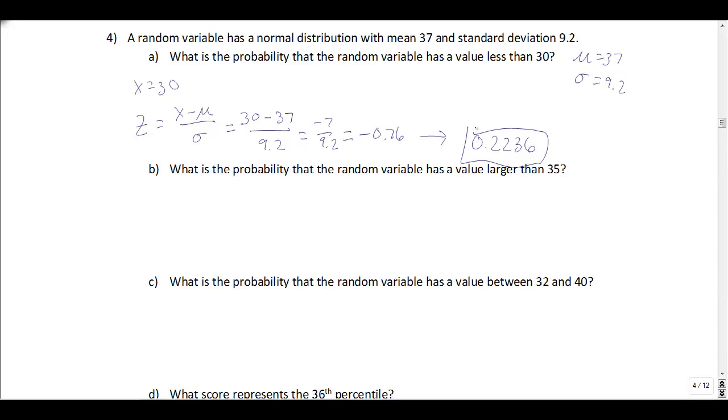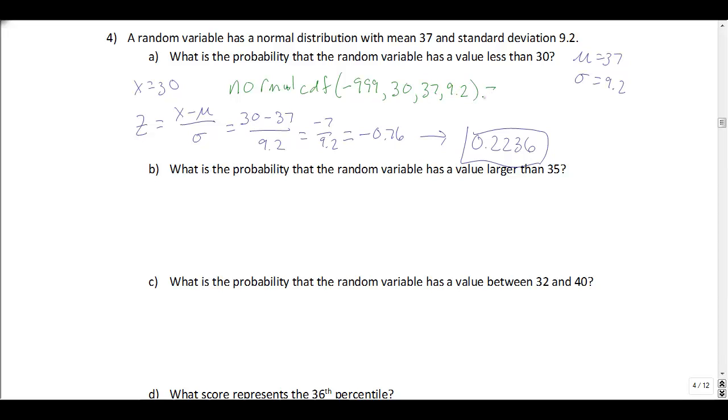Now with the calculator, probably the simplest thing to do, I'll write this in a different color, let's do green, is I can just say normal CDF, and then I give a range. So less than 30, now this is a bit strange, I have to go from negative something really low, like negative 999 up to 30, and I have a mean of 37, standard deviation 9.2.